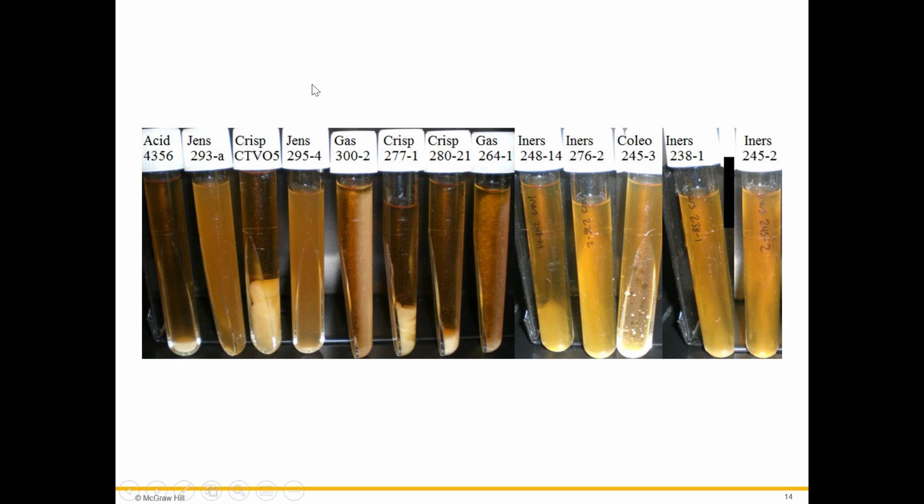Lactobacillus crispatus is one of the highly protective microorganisms, and the CTV05 is a capsule of probiotic that can be, or used to be able to be prescribed to recolonize the vagina with good bacteria.